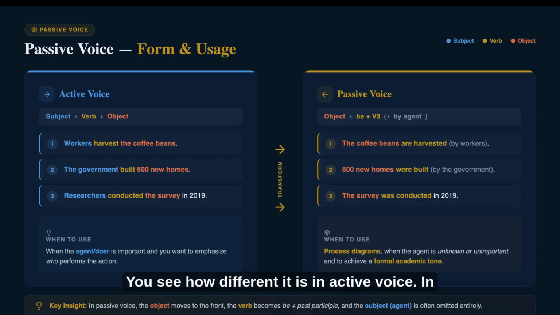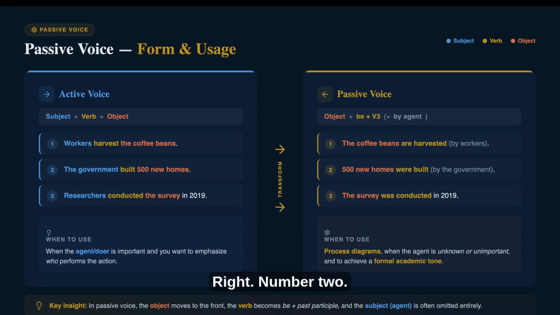You see how different it is in active voice and passive voice. In active voice, workers is a subject of the sentence, but when we transform it to passive voice, it changes to the object of the sentence. I mean, the receiver of the action.